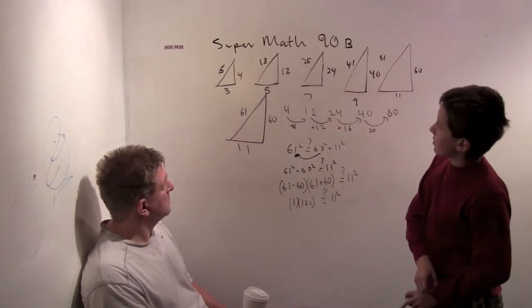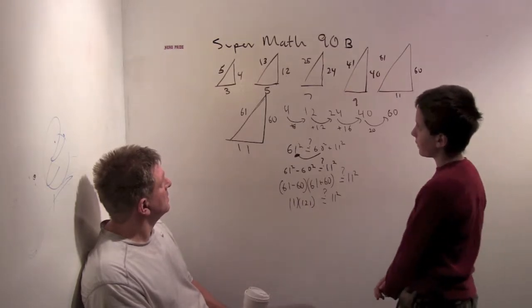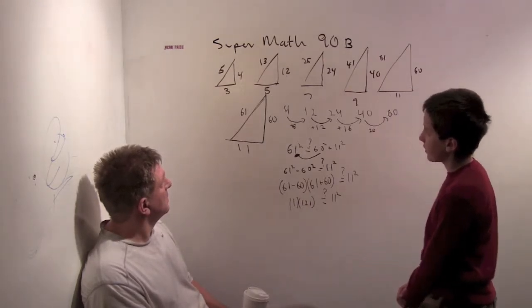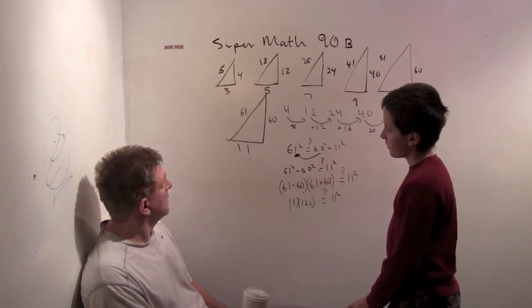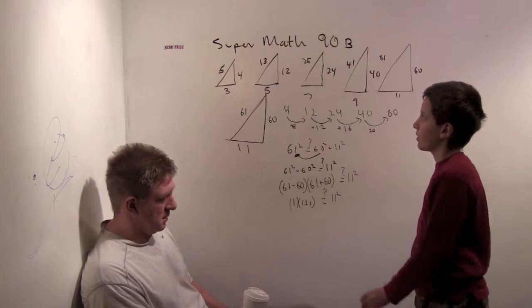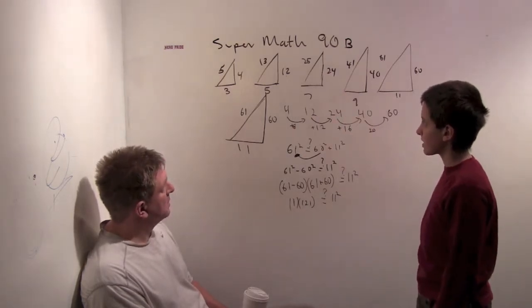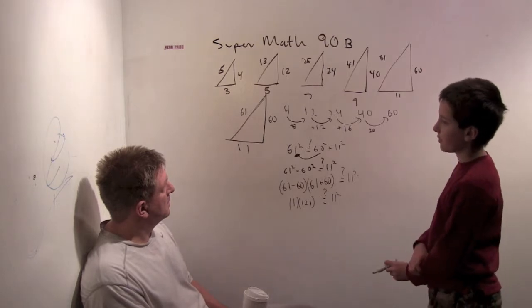The sum of the sides would be, for the 3, 4, 5, 12. And then here, it would be 30.